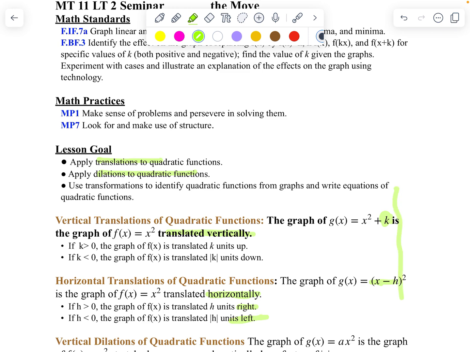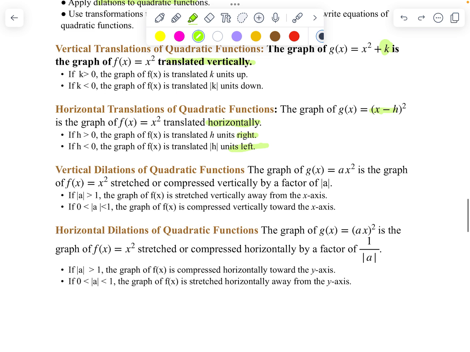If you multiply your equation, your quadratic, by something, it's going to be a vertical dilation. That is, you're going to take each y value, multiply it, and keep the x the same. So in other words, as a gets bigger than 1, you're going to stretch it vertically. In other words, my parabola is going to get skinnier or thinner.